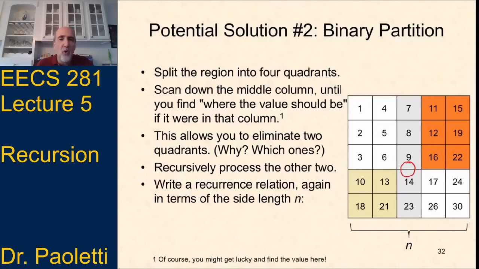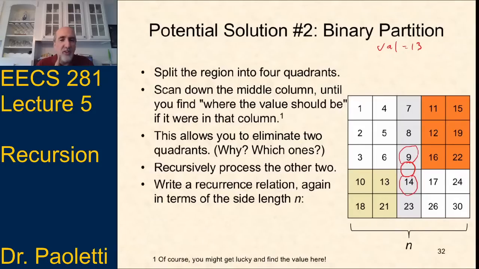Now, what we can do from here is look at the values directly above and directly below where it should be. So we look at the values directly above and directly below where 13 should be, and I see 9 and 14.